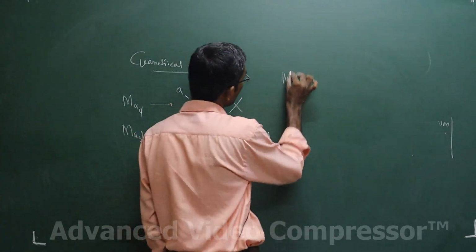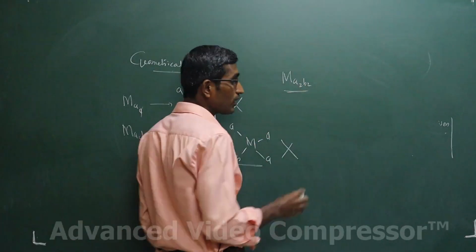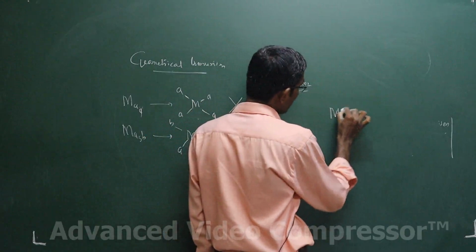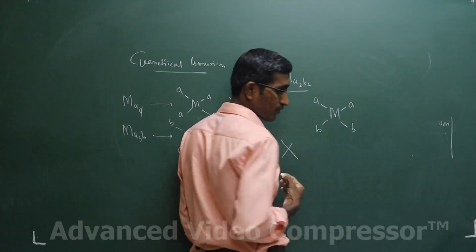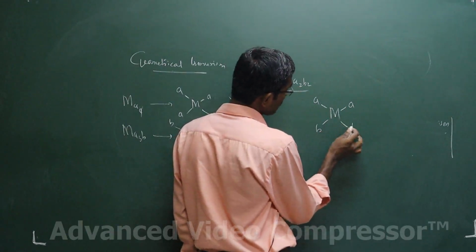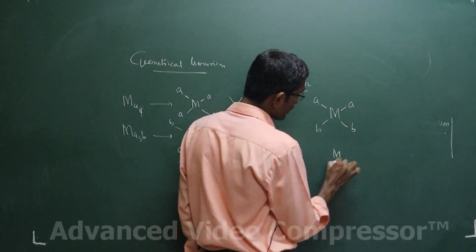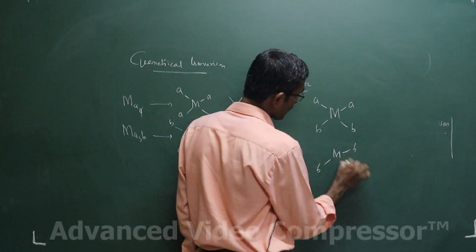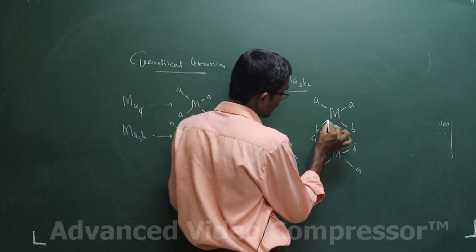Let us take for example MA2B2. Can geometrical isomerism be possible? Yes, because I can write it as, students, MAABB like this. In this case, these two are at the adjacent side. In another case, I will put it like this, B at the opposite side. So just check. See, two B atoms are at the adjacent side.